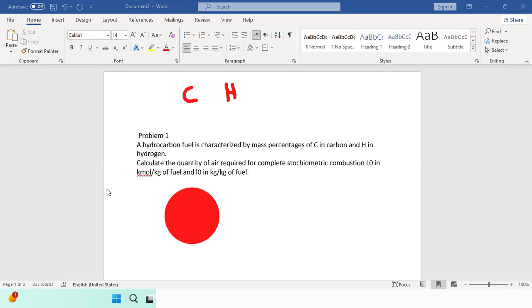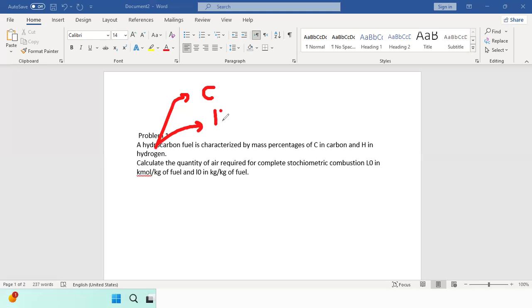So we can define a hydrocarbon by the percentages of carbon and H it contains. Now, these percentages sometimes can be given in percentage of mass, sometimes in percentage of volume. And we need to know how to convert from one to the other, as we'll develop together in problems.